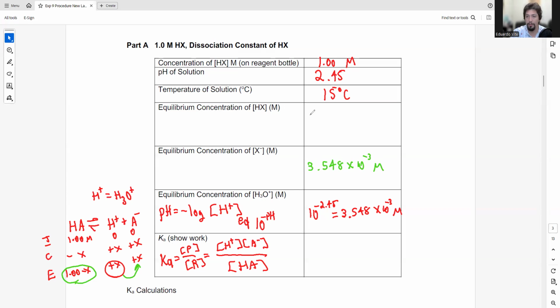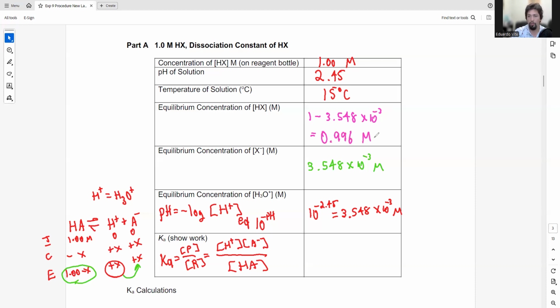So I'm going to do that over here. 1 minus 3.548 times 10 to the minus 3 is going to give me, let me plug it into the calculator, 0.9964. So I'm just going to keep 0.996.